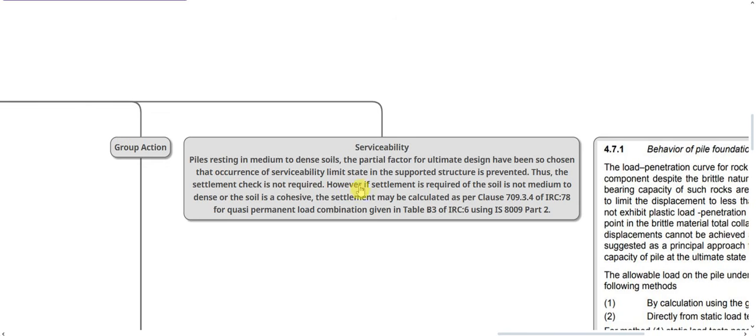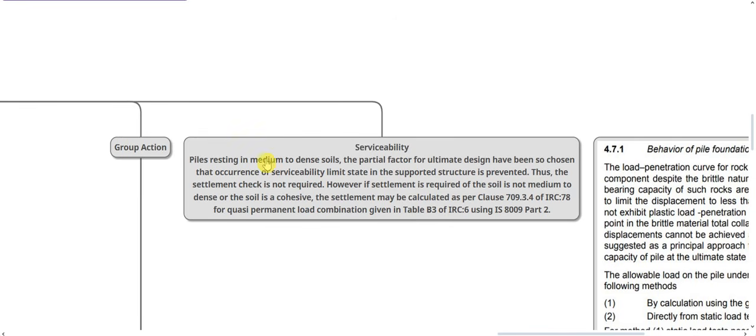However, if the soil is not medium to dense soil or the soil is cohesive, the settlement may be calculated by IRC clause 709.3.4 of IRC 78 for the quasi-permanent load combination given in table B3 of IRC 6, using IS 8009 part 2.